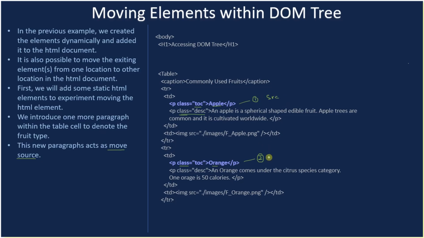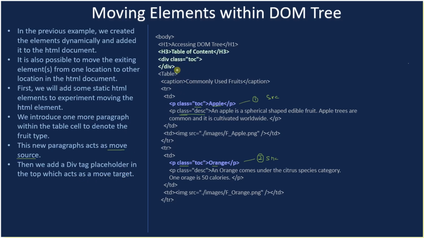That means we are going to move this from this location. Then we add a div tag placeholder at the top, which acts as the move target. Right? Let's state that this is our newly created content. Here we have a TOC, as static content.